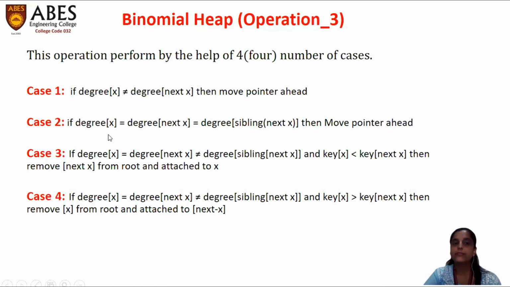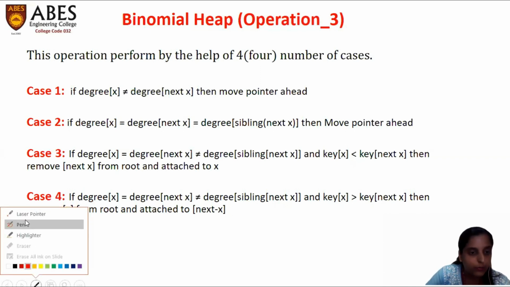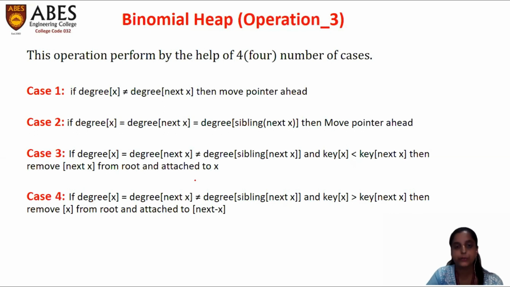Case 2 is saying if degree of x is equal to degree of next x is equal to degree of sibling of next x. First of all, we have to understand what degree of x, degree of next x, and sibling of next x mean, where these terms are present, and how we are going to identify these terms. So for that, we have to go to our previous slide.